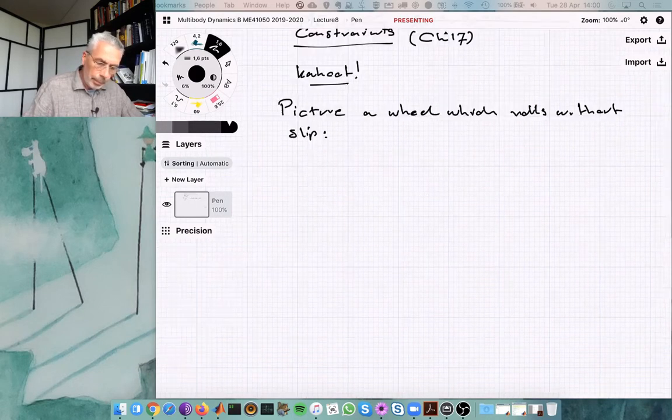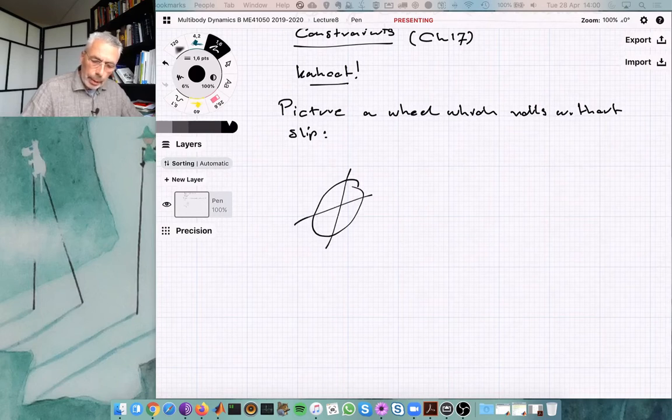You could say I have some disk, and the disk is rolling on some plane. Let's assume for now that the plane is the XY plane, that Z is up, and here it's touching the ground. So this is what we call the contact point.